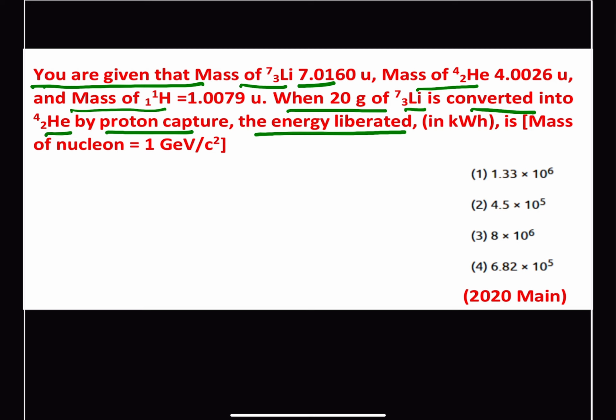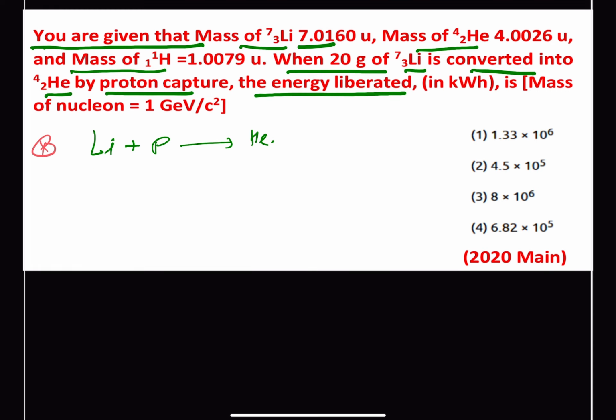Okay, so we are given that lithium is converted into helium with the proton capture. So we can write the reaction approximately. We can say our lithium is capturing a proton, and this is giving us helium. Therefore, we can find out our initial mass.